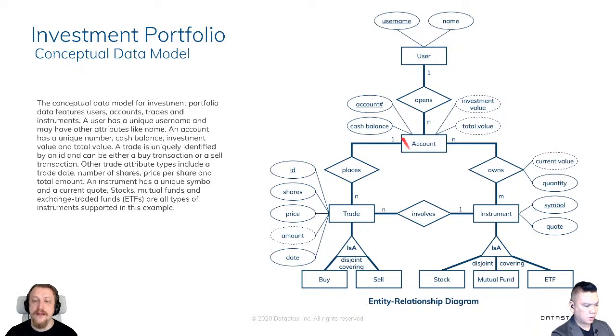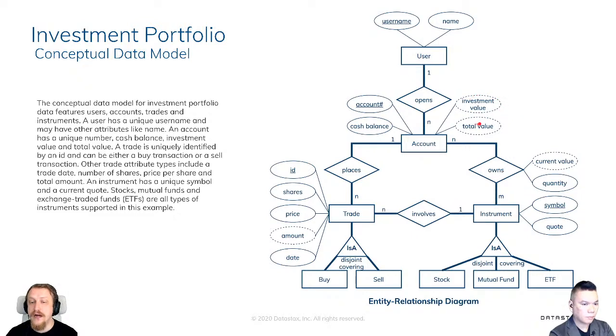Account features an account ID, account number, cash balance, so how much money I have on it, investment value, the price of all the stock options and ETF shares I have at the moment, and total value, therefore, cash balance plus investment value.